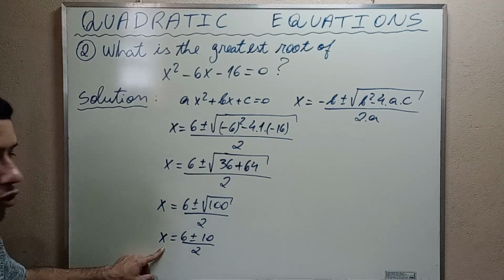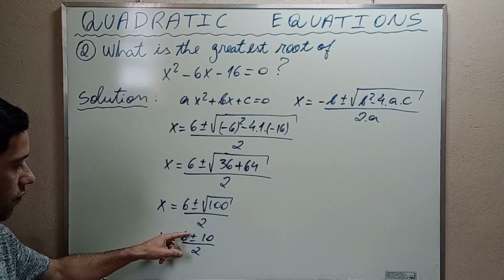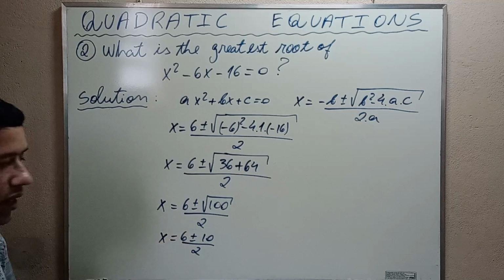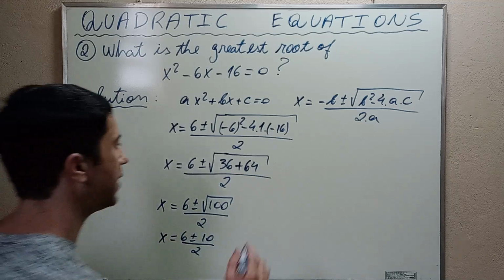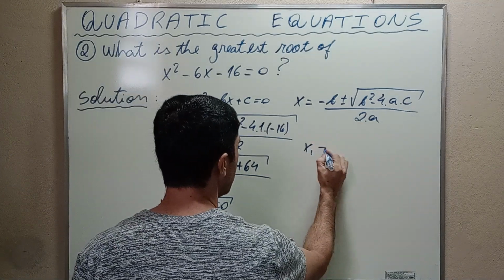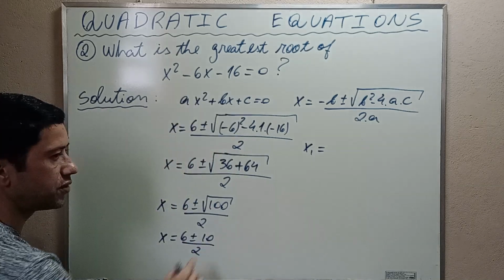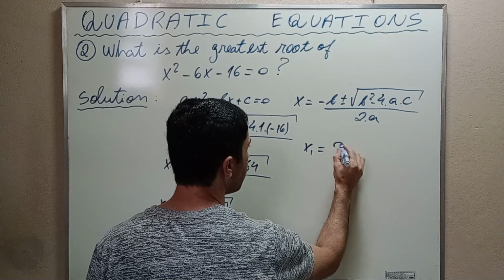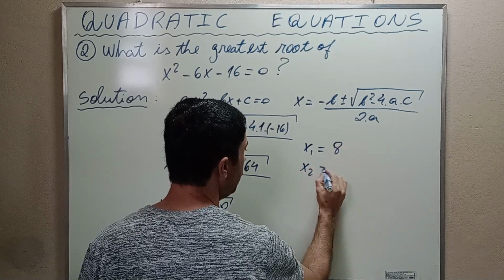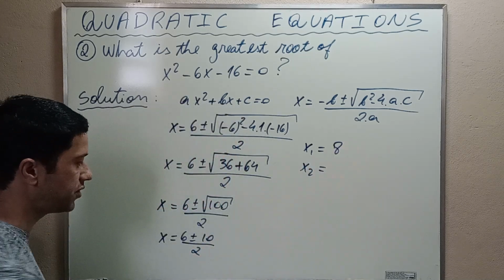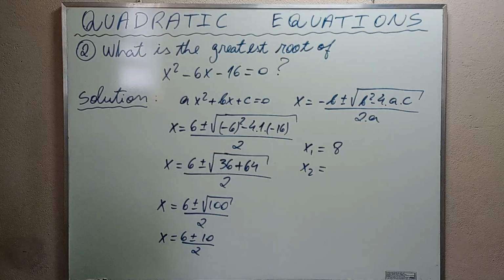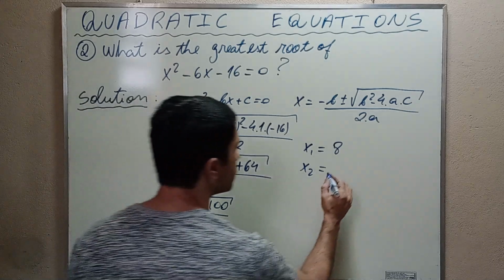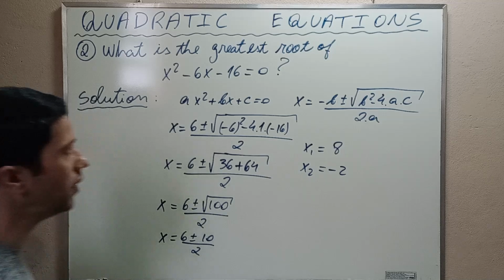We will have 2 roots here. We have 2 signs here, then we will have 2 roots. x1 is equal to 6 plus 10, 16 divided by 2 is 8. And x2, 6 minus 10 is minus 4, divided by 2 is minus 2. Alright?